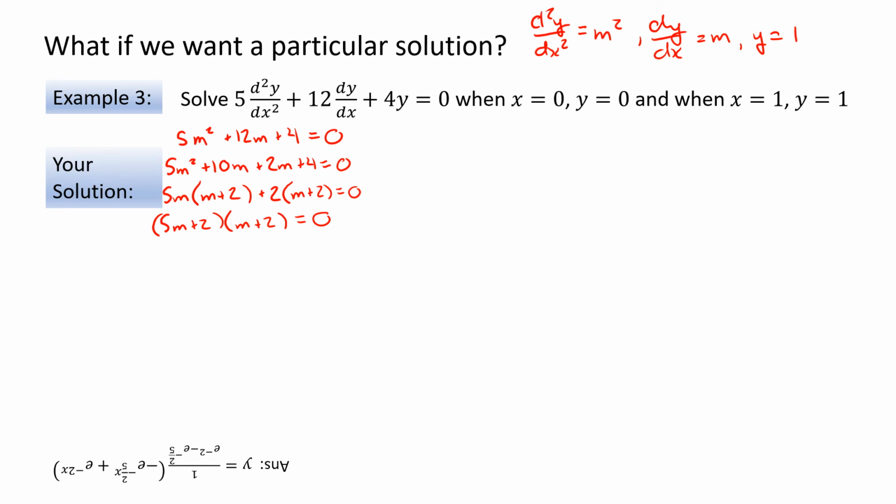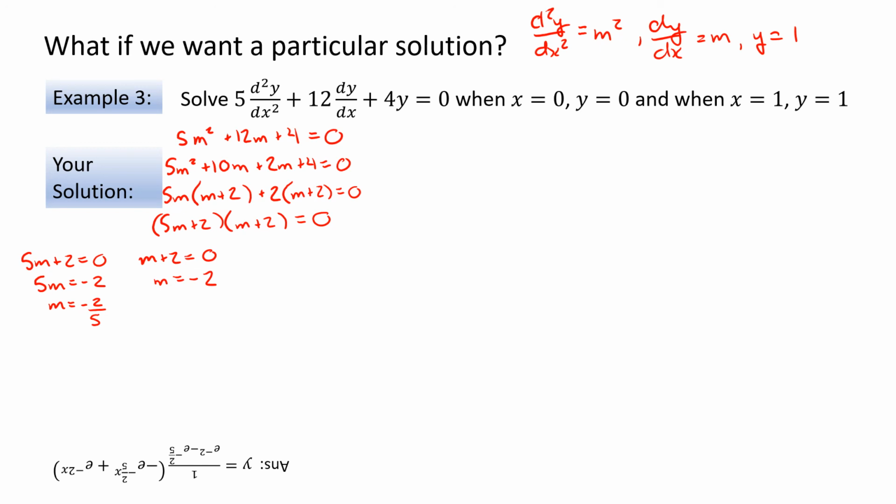So what this is saying is that either 5m plus 2 is equal to 0. Solving this, we get 5m is equal to negative 2, or m is negative 2 over 5. Or we have that m plus 2 is equal to 0, so m is equal to negative 2.